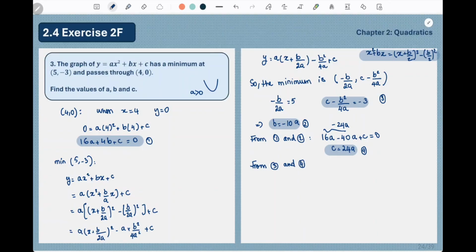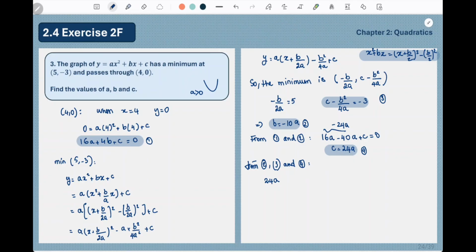From results 2, 3, and 4, we're going to replace everything with a, so we only have a, and once we find a, we can derive everything else. That's the reason why I'm doing all of this.